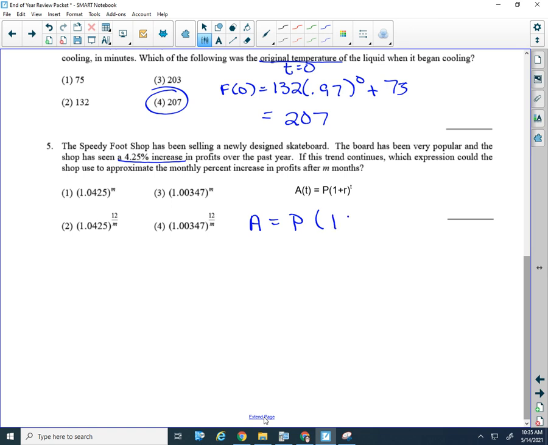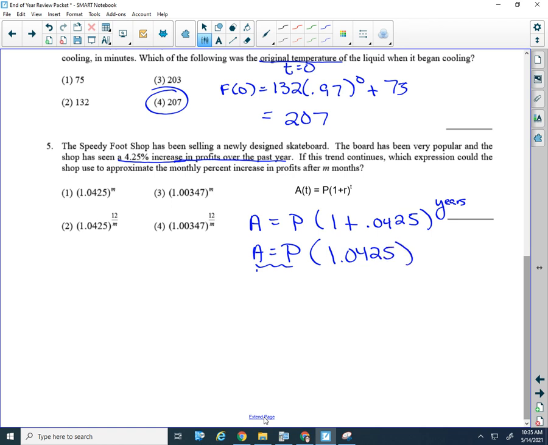My rate is 1 plus 0.0425. Even though it's weird, I'm going to use a Y here because we're talking about years. 4.25% increase in profits over the past year. We're not compounding. It doesn't say compounded monthly. They just want to know after a certain number of months. So this all stays the same. You don't even have to write this part. This is 1.0425.